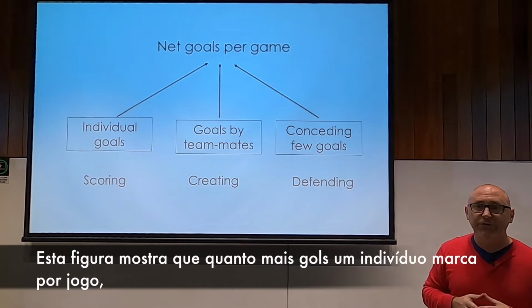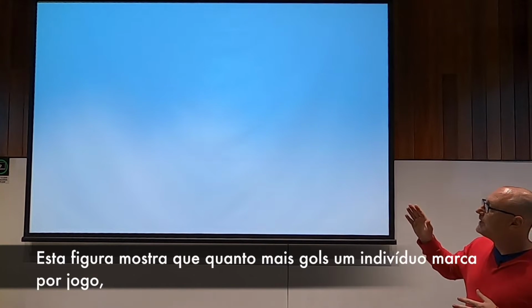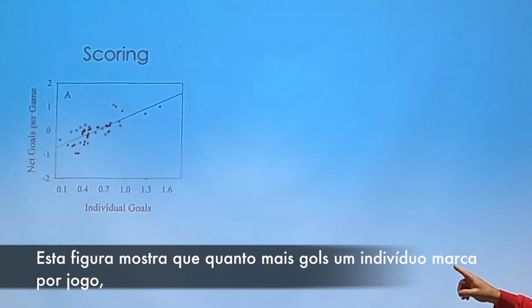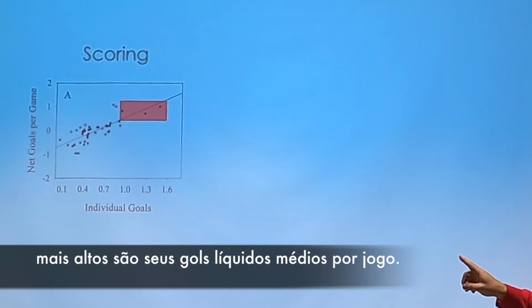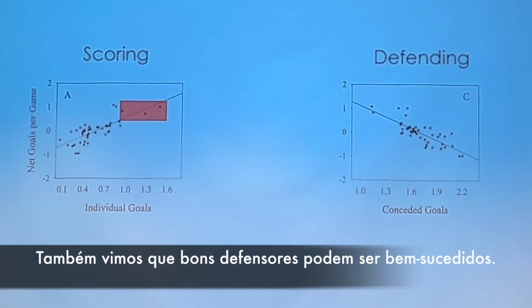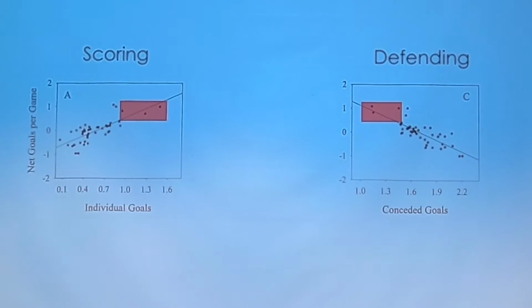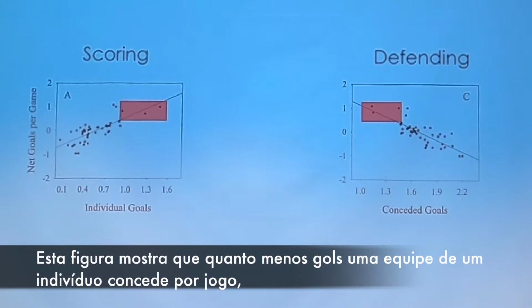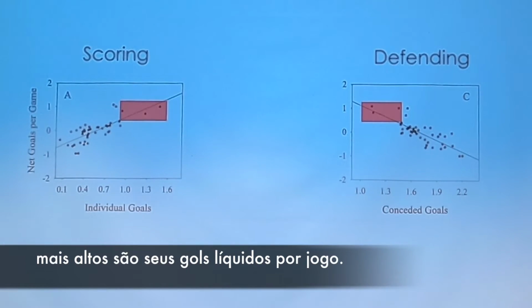This figure shows that the more goals an individual scores per game, then the higher net goals per game. Remember, that's our measure of overall success. We also find that good defenders, those that concede few goals per game, also have high net goals per game.